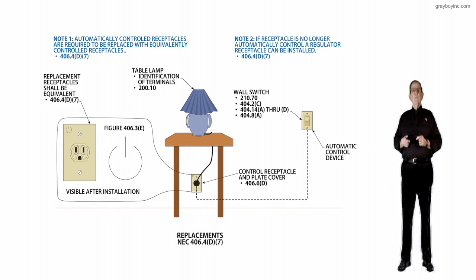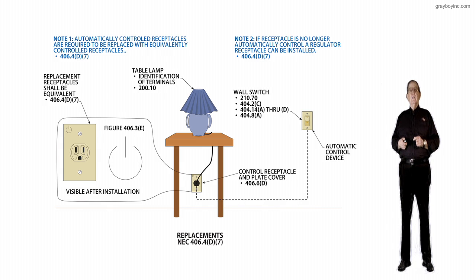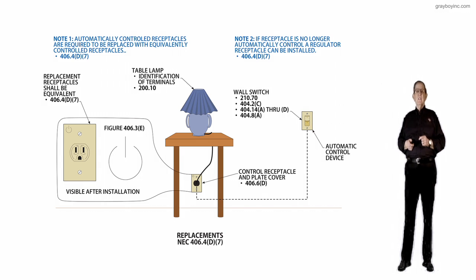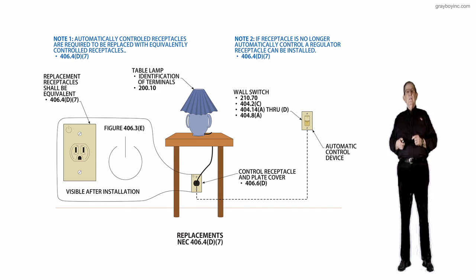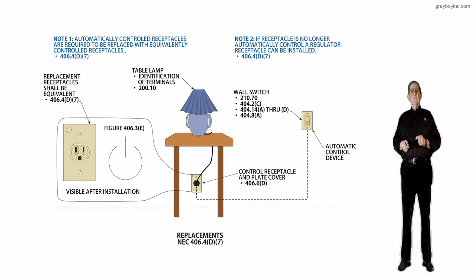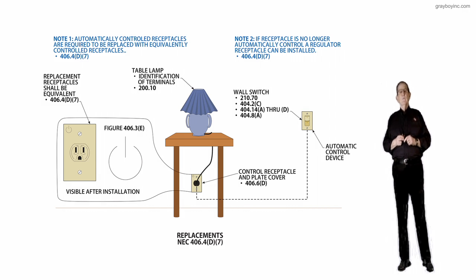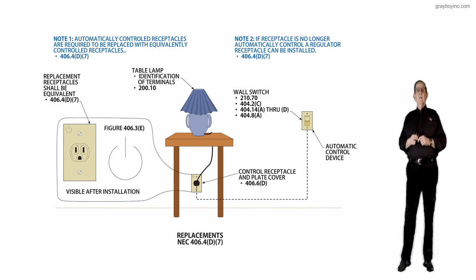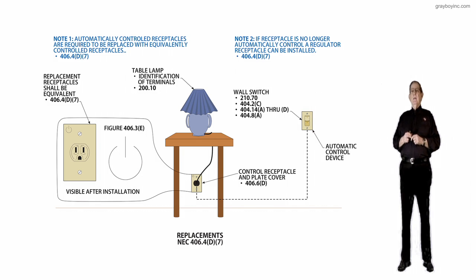And then notice you have your figure emblem there that has to be on the receptacle in accordance with 406.3(E), and then it has to be visible after installation. Now that deals with the receptacle that's being maybe replaced here.